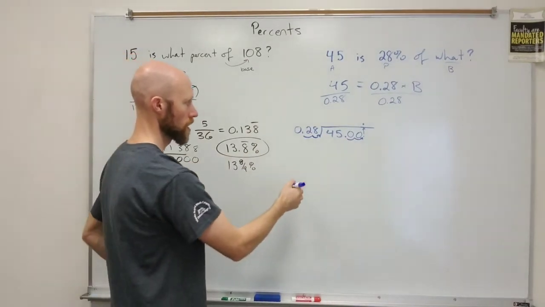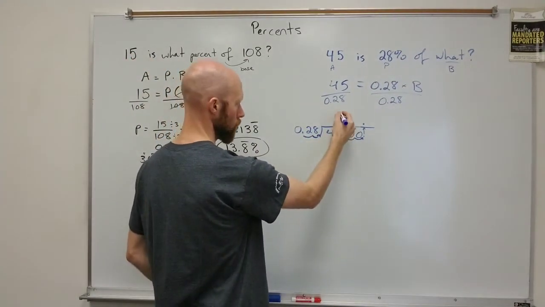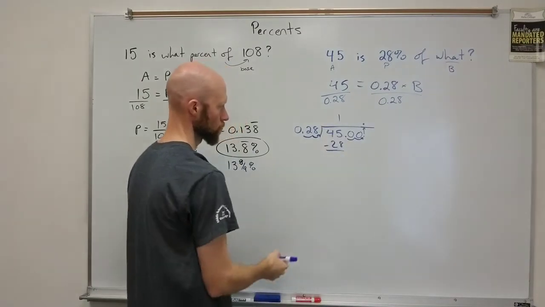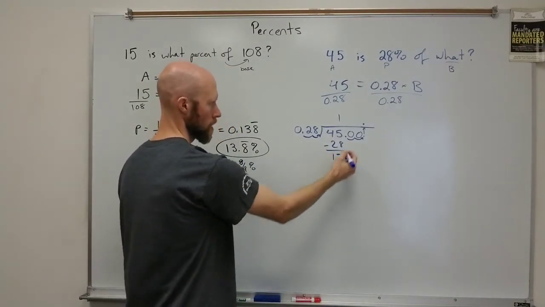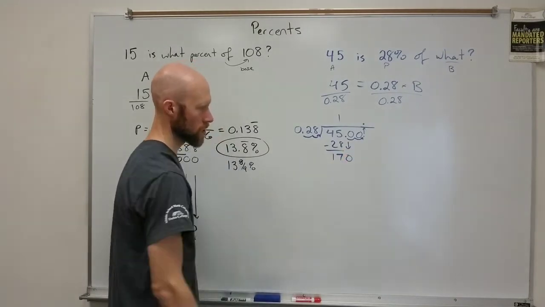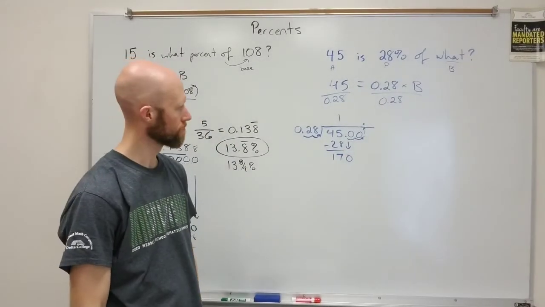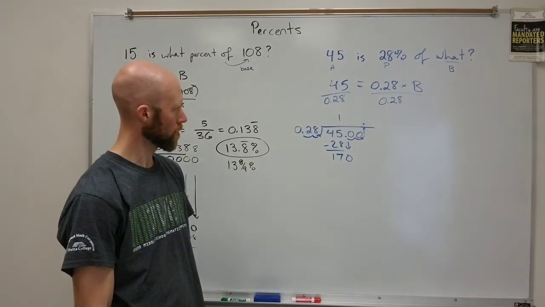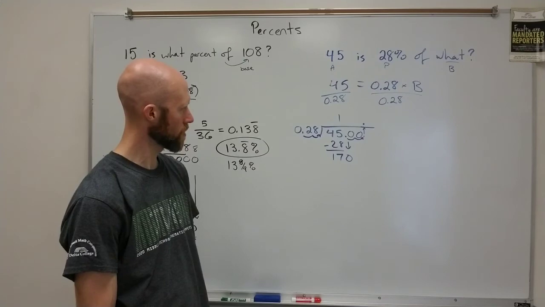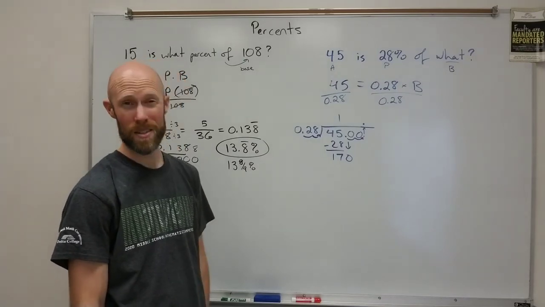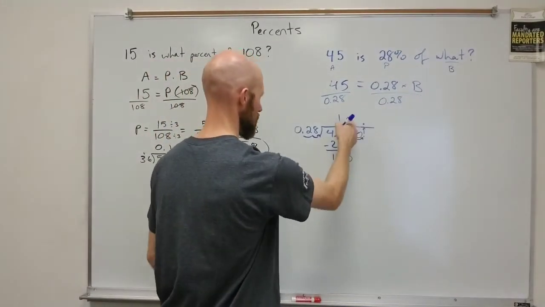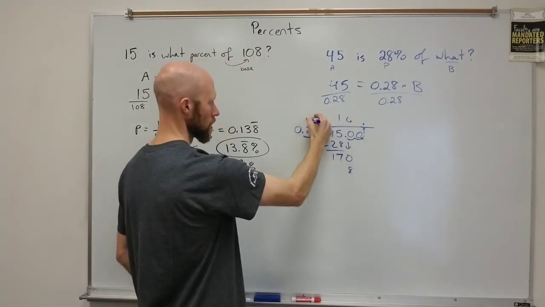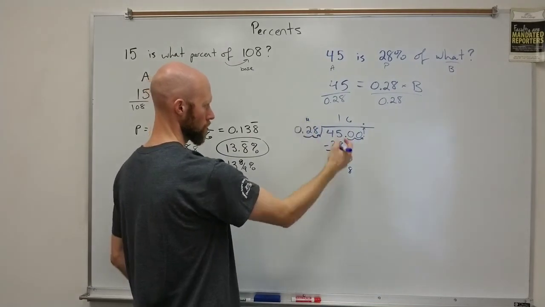And so then I take 28 into 45 once, right? That's 28. What's that, 17? Bring down another 0. 28 goes into 170, 4, 5 or 6 times maybe. 6 times 8 is 48. 6 times 2 is 12, and 4 is 16.